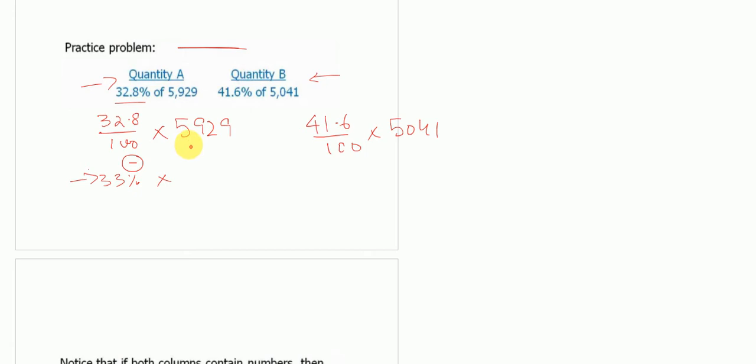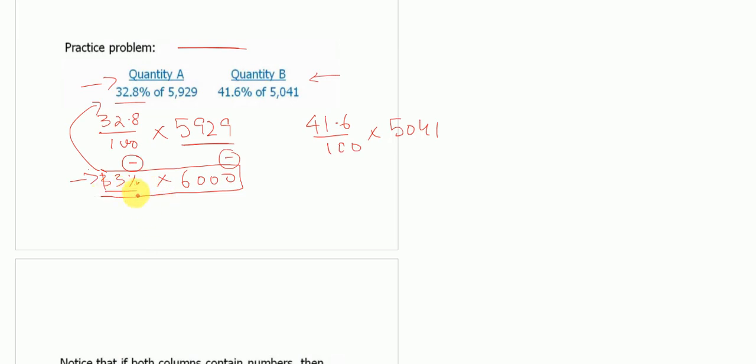So what about this one? What is it closest to, since we are approximating? This is closest to 6,000. And 6,000 is greater than this number, so we'll put a negative sign over here. Once again, these two negative signs are telling you that whatever number you get here would actually be smaller than the value of quantity A.